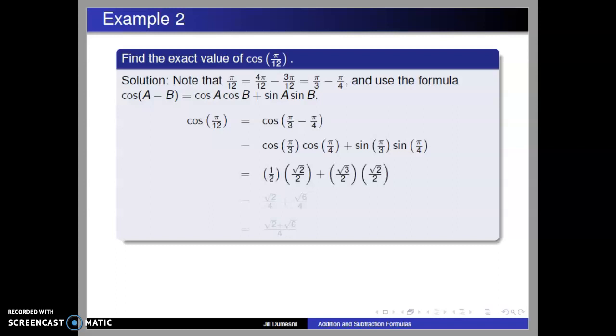Both cosine of pi over 4 and sine of pi over 4 are root 2 over 2, and we also know that cosine of pi thirds is 1/2, and sine of pi thirds is root 3 over 2. Now there's only arithmetic and simplification to perform. So we multiply the fractions and combine the fractions with a common denominator to get root 2 plus root 6 all over root 4.